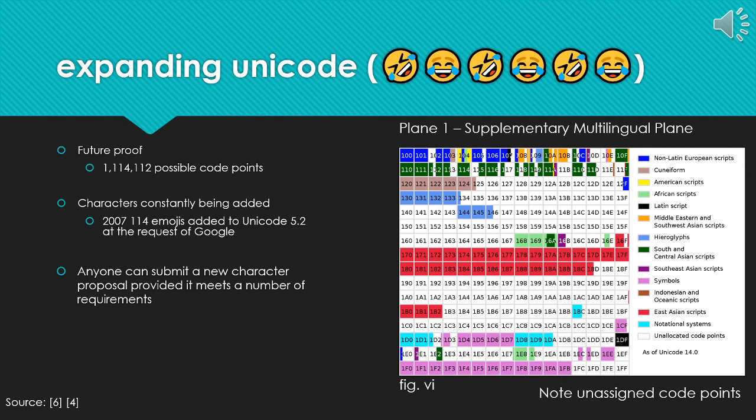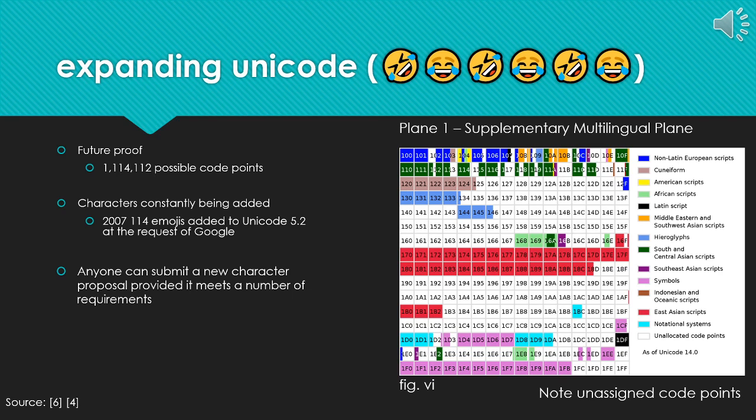So just to finish up, I'm going to talk about how Unicode expands. If we look at the plane to the right, this is the second plane, the supplementary multilingual plane. What's important to note is the large amount of code points that are yet to be assigned, all of the ones in white.